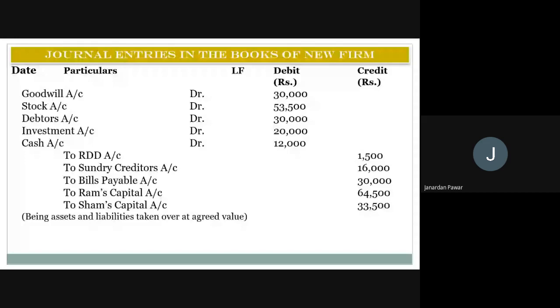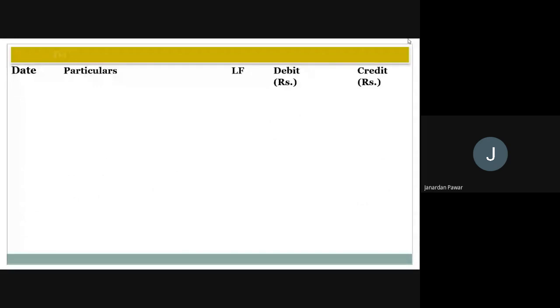Okay, then the next point, that you can see on your screen. Anil's capital account debit rupees 7,900. That amount we have to write. We had already written it at the debit side.